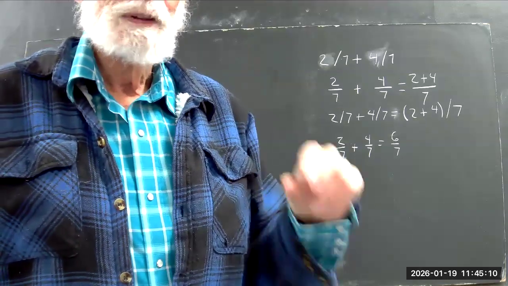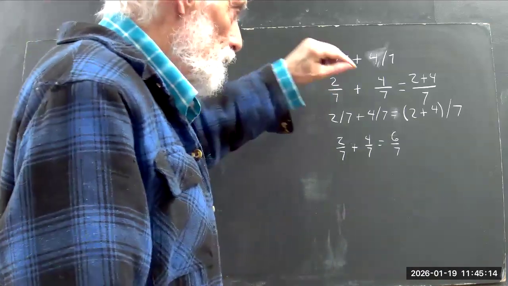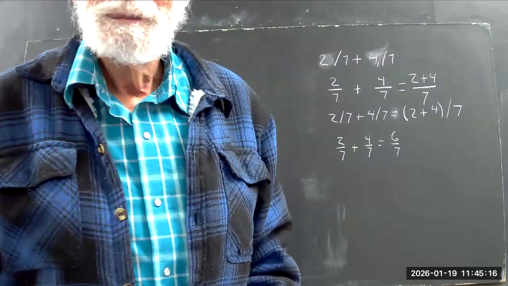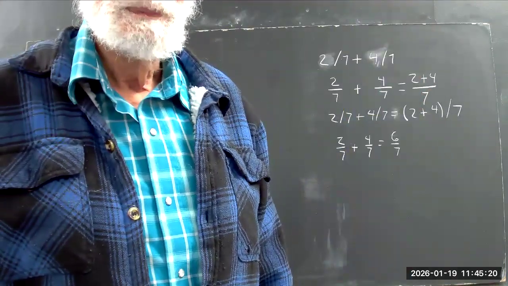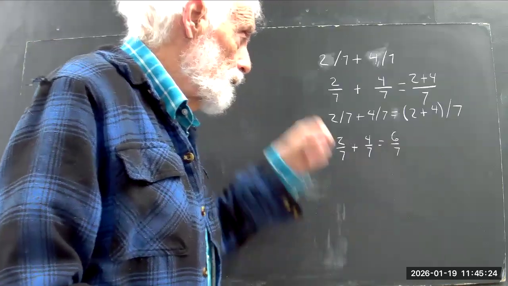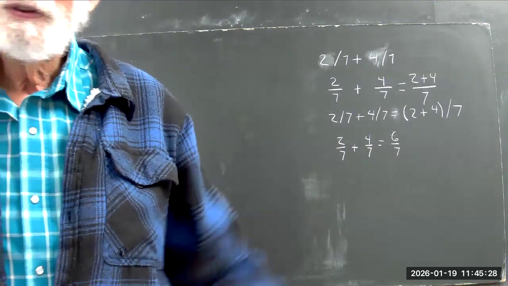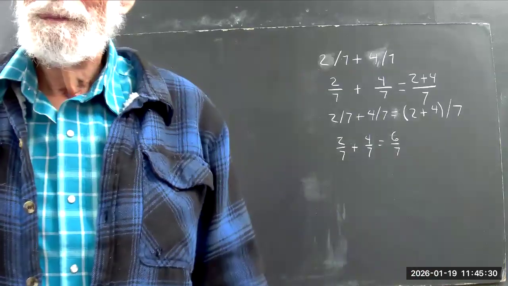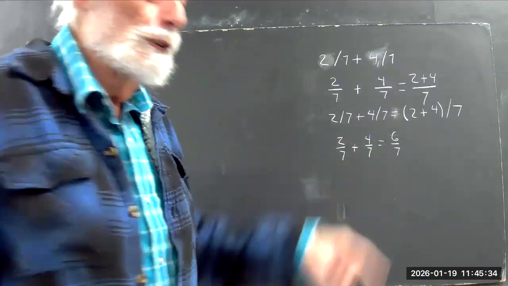Every seventh is equal to every other seventh, so you're adding 2 of them to 4 of them to get 6 of them. That's the big principle of fractions. Now, just a side question: is that fraction bigger or less than 1? Everybody knows it's less, because the numerator is less than the denominator.